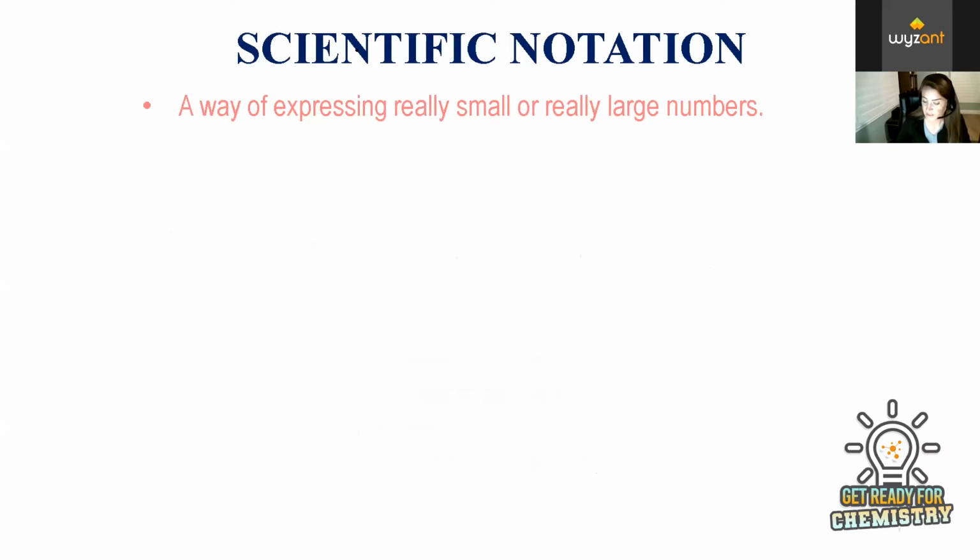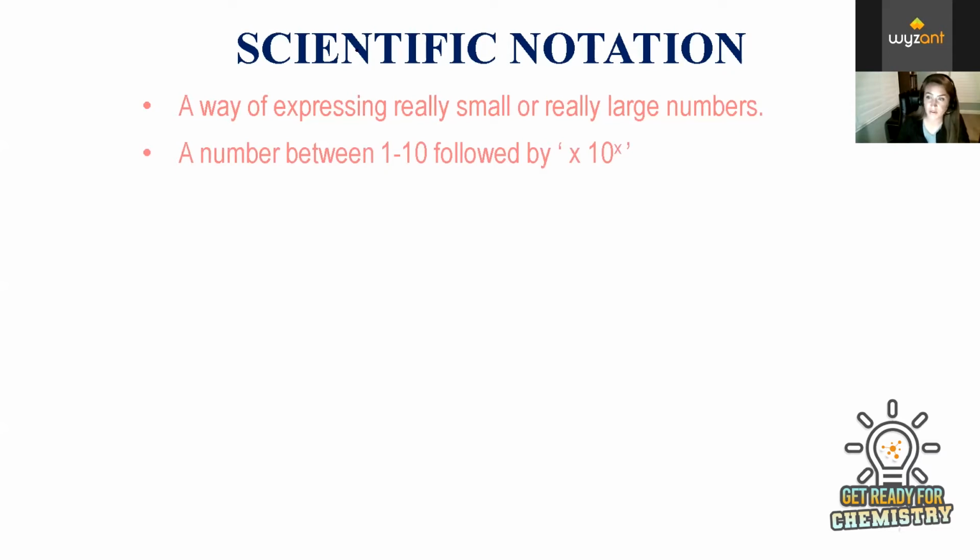In chemistry, scientific notation is kind of crucial because we're talking about numbers of atoms, which is in the millions, trillions, times 10 to the 23rd, really, really large numbers. Instead of writing a lot of zeros, we use scientific notation. And we're also talking about things that are extremely small as well. So scientific notation is used a lot in chemistry. It looks really intimidating, but it's not that hard.